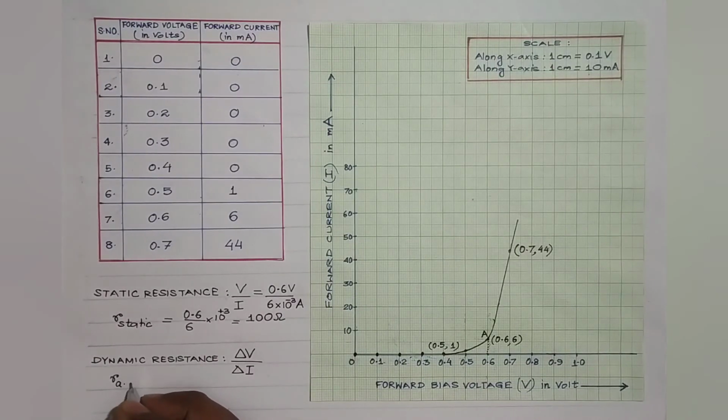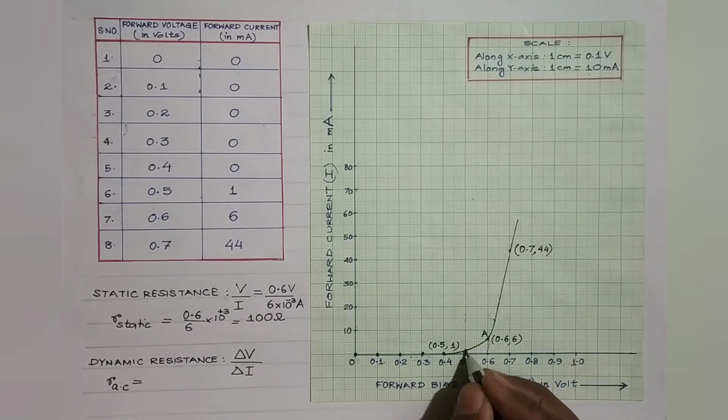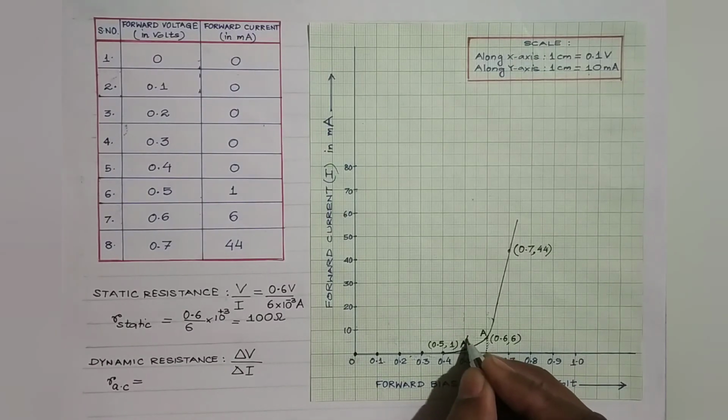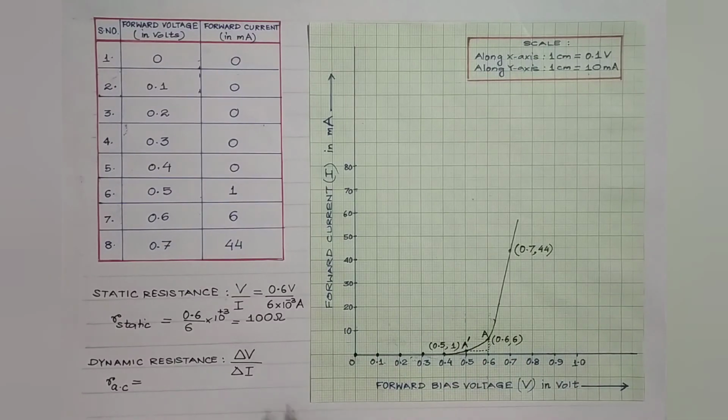So R AC or R dynamic is given by delta V over delta I. Let's consider these two points. This is point A and suppose this is point A dash. So this contains a knee, isn't it? So we'll calculate the resistance from A dash to A. So it is V2 minus V1, that is, voltage at point A is 0.6, voltage at point A dash is 0.5.